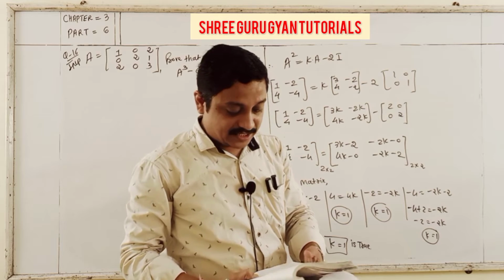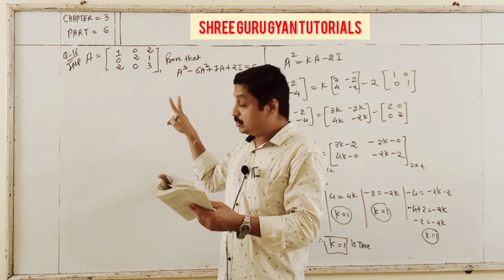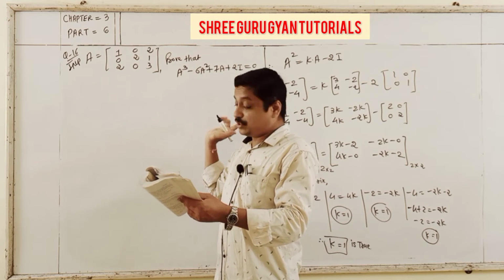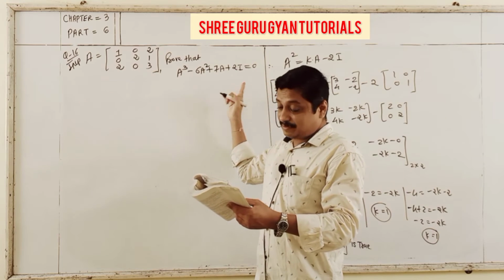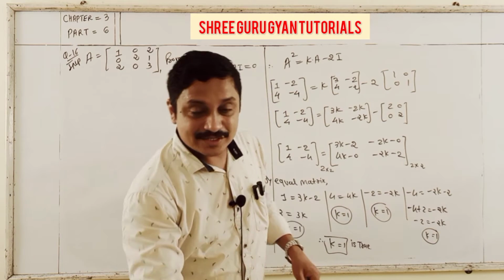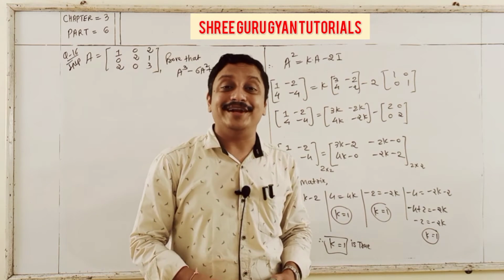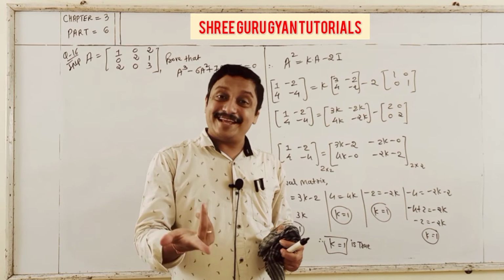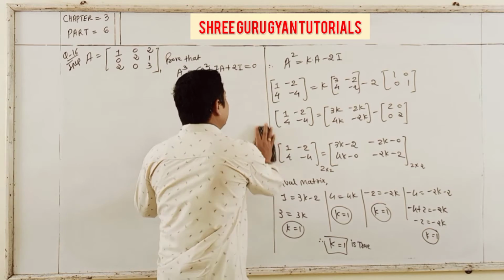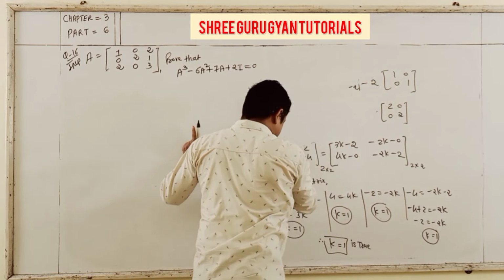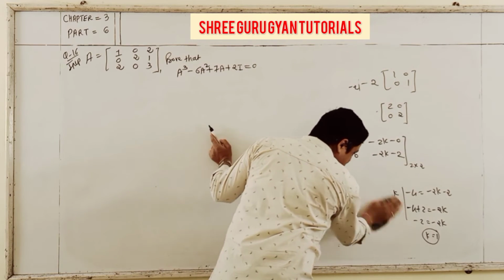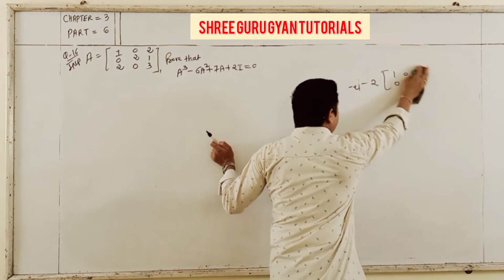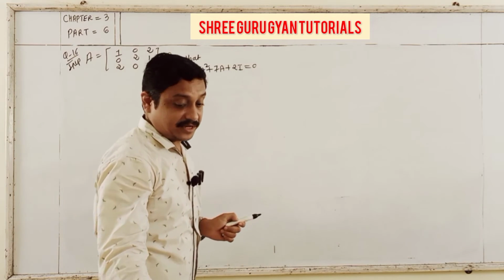So I just check one more time: 1 0 2, 0 2 1 and 2 0 3. A cube minus 6A square plus 7A plus 2I. Students, here up to A cube I calculate. It means first A square is defined, after that A cube is defined, and that's your answer in the LHS. This is also important for example, and a big sum. Yes, very big.